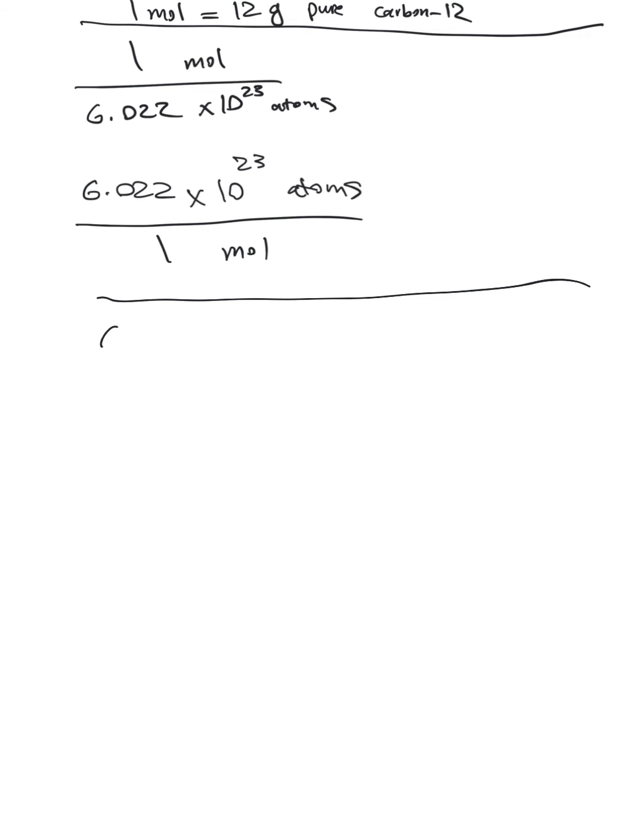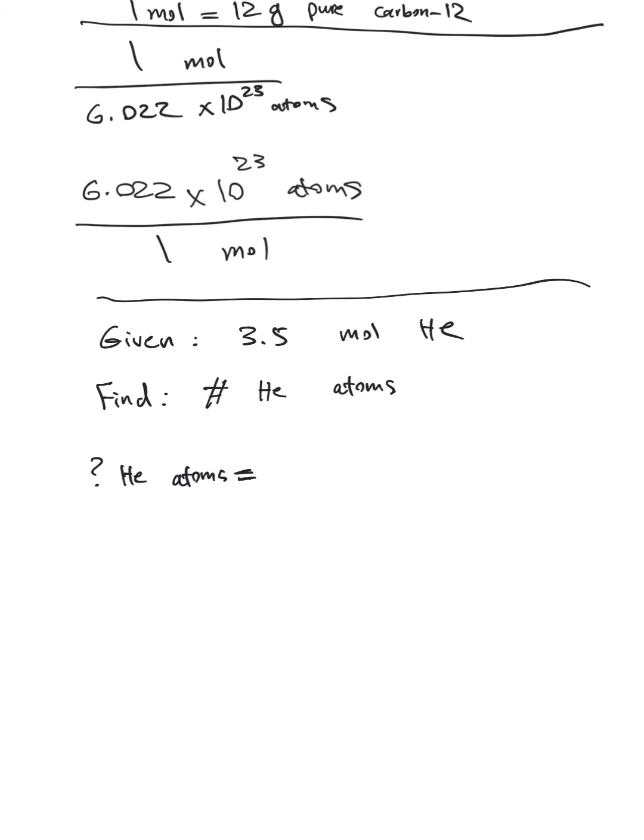So imagine we are given 3.5 mole of helium, and we are told to find the number of helium atoms. As I told you, the thing that you want to find, you write it down on the left, and the thing that you are given, you write on the right, 3.5 mole of helium.